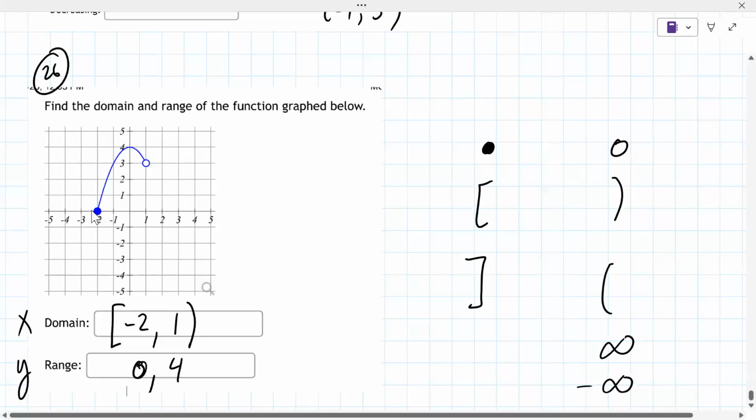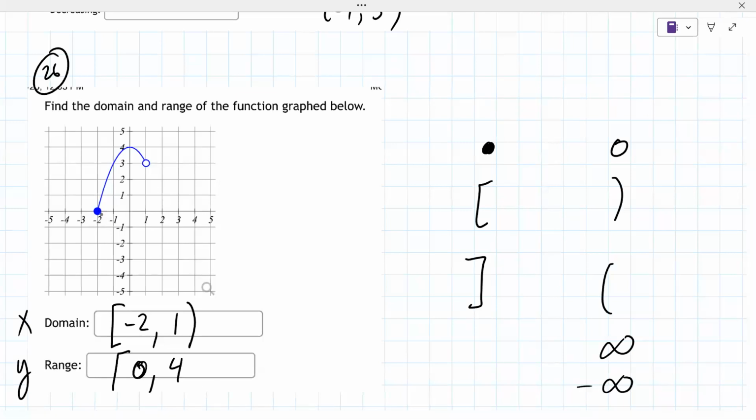Yes, it's closed at 0. And at 4, is it solid there? Yeah. Is that okay? It's a classic test question. Definitely going to see something like that on there.